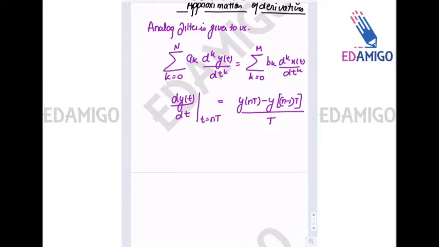Here we are sampling by T, so we have to convert this analog into digital. We will be sampling the signals, so capital T is the sampling interval.